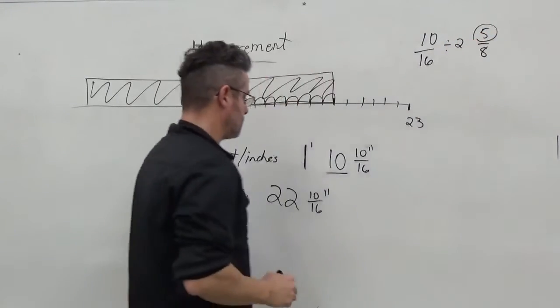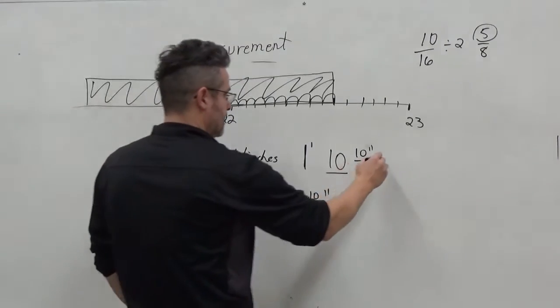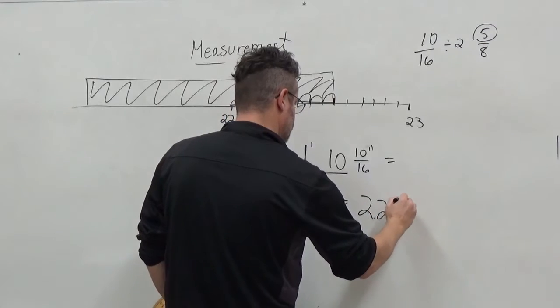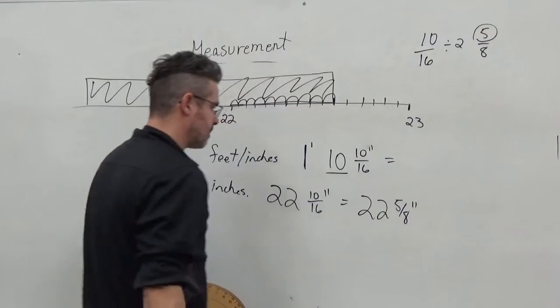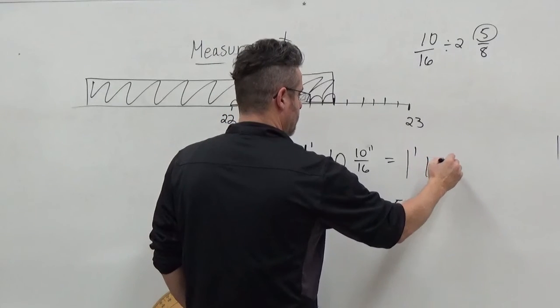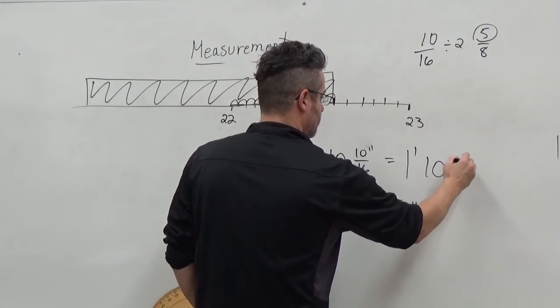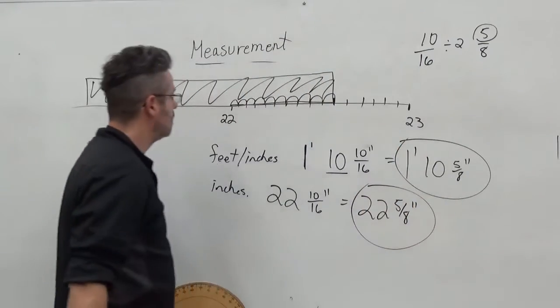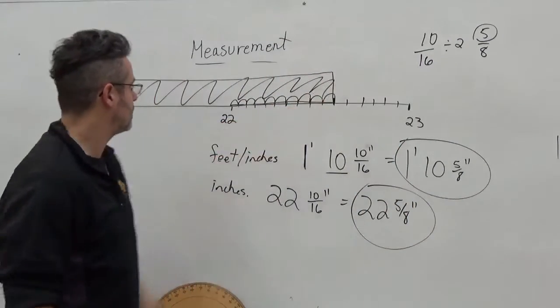Once we get an odd number on top, we're done. So this would equal 22 and 5/8 inches, or 1 foot, 10 and 5/8 inches. So there's our two answers for this pretend board.